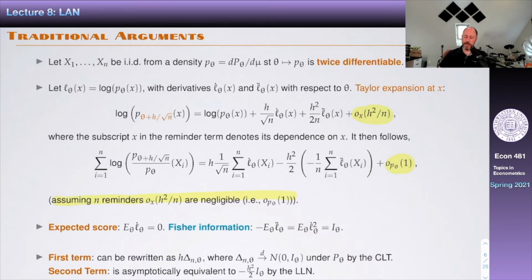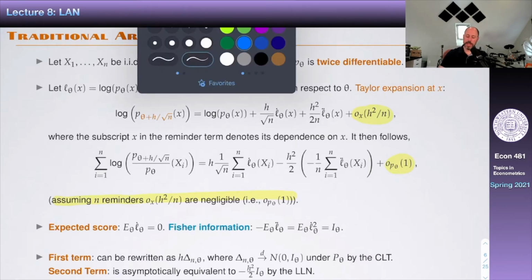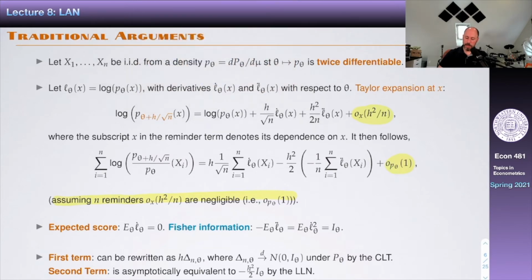But then if we just look at this object, we realize that over here we have something that looks like the delta n object that we had before. And then over here we have something that is essentially the Fisher information plus little o p 1, if you invoke some form of law of large numbers.